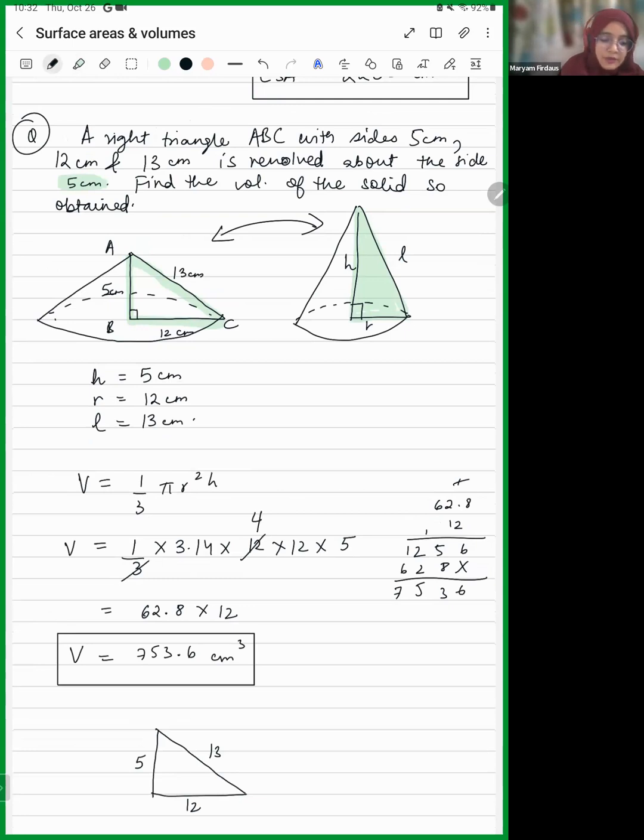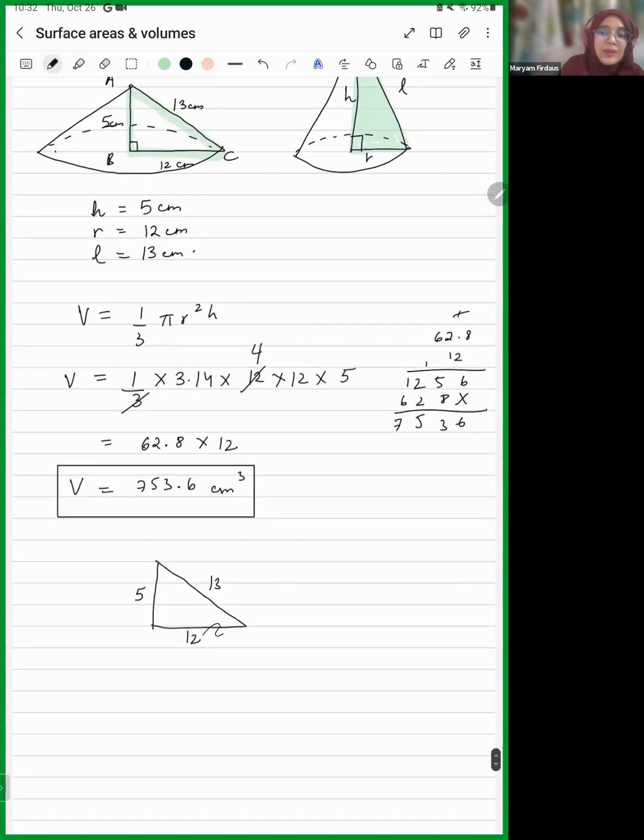And now we are revolving it about the 12 centimeter side, meaning that the 12 centimeter side is fixed. So this 5 centimeter side is going to revolve like this. It will make a circle when it revolves. And the 13 centimeter side is going to make the slant height. So this is going to be your cone.